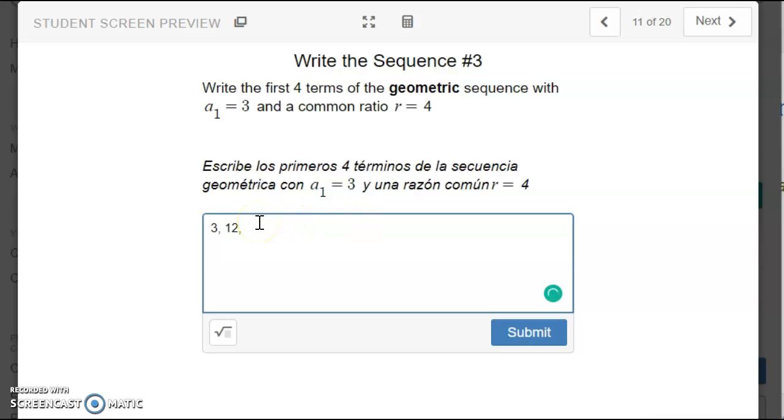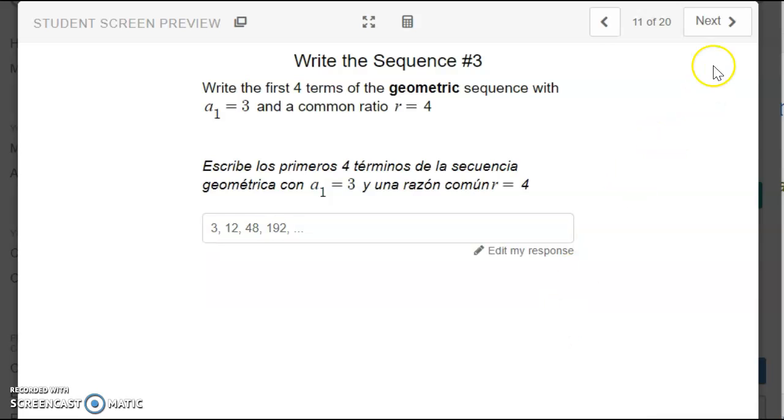And 12 times 4 is 48. And now 48 times 4, that gets a little bit tricky, is actually 192. But the list continues, so I am going to put dot, dot, dot there to denote that it's going to continue.